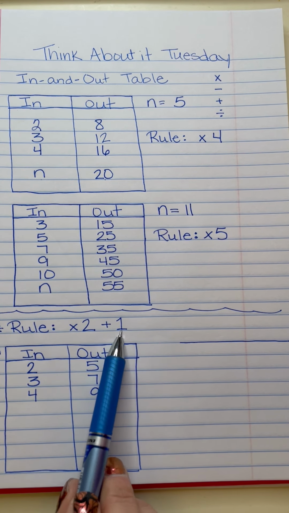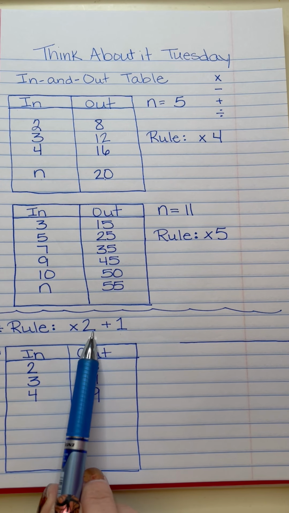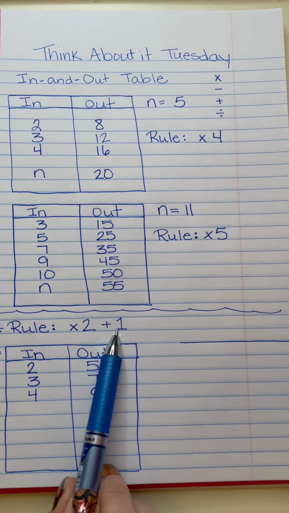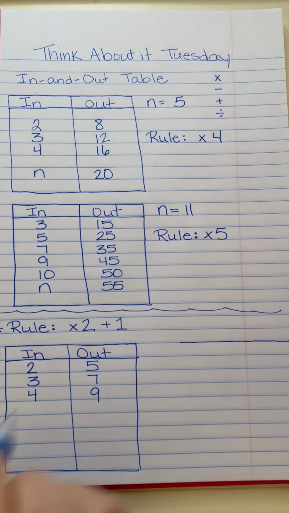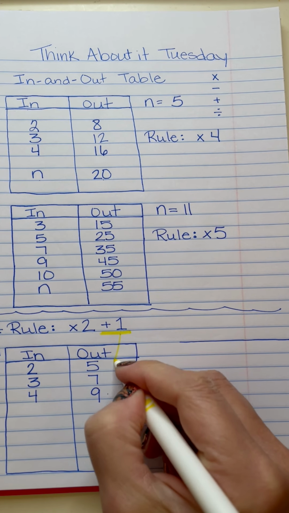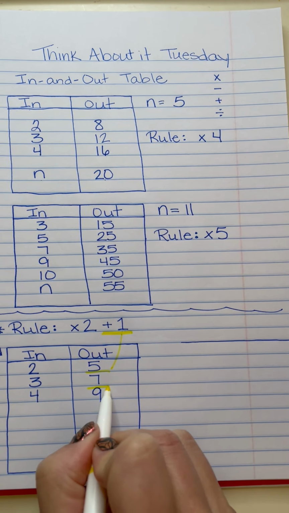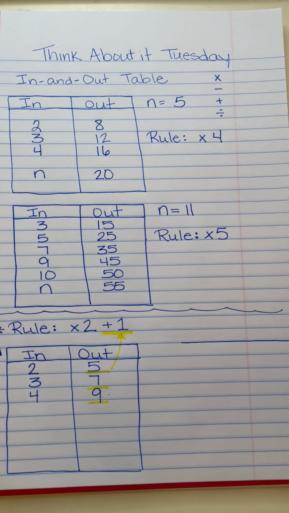Okay, so I don't know if you noticed that, but when you multiply by 2, you always get an even number. Adding in that 1 means our outputs are going to be odd. So this adding 1 here is a clue when you look here. Okay, so our answers are going to be odd.